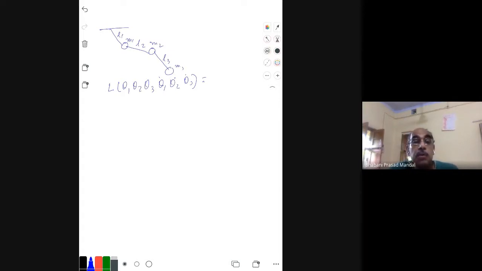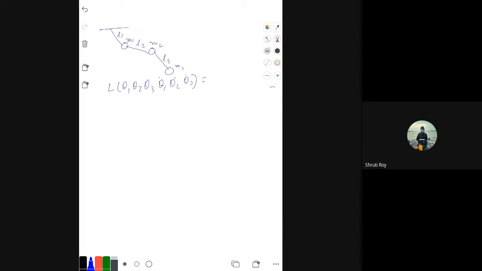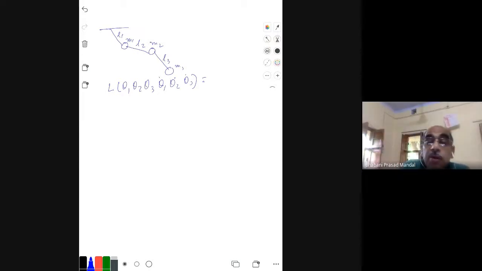Can you see my screen? Yes, sir. But the triple pendulum, can you see? Yes, sir. Surprisingly, I cannot see it on my laptop. Okay, so you can see, then it is fine. I wrote a three pendulum, right? Now I am putting these masses. You can see, right? Okay, good. But what happened to mine?